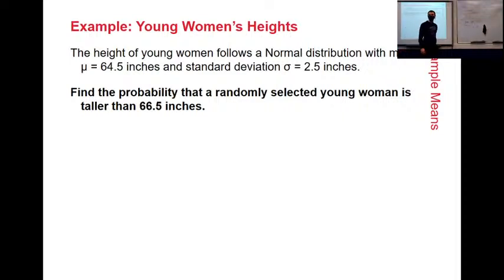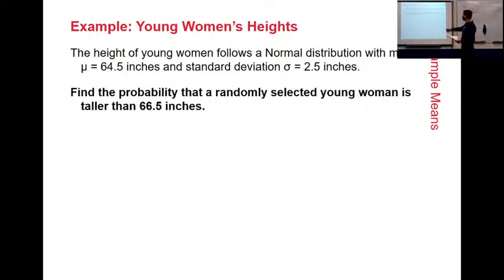All right. This one is important because we're going to make an important distinction between these two questions. On this example, you're being asked two different questions, and we want to make sure that we make a distinction between the two.